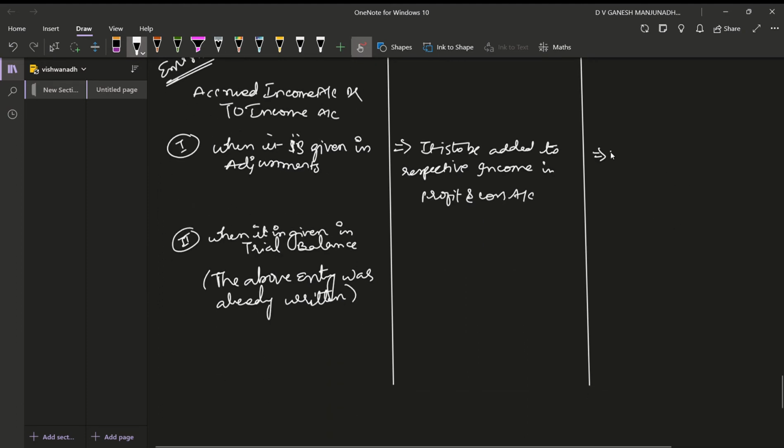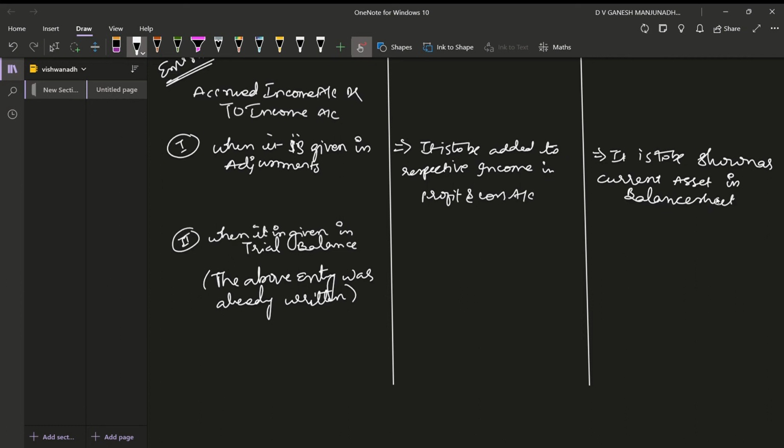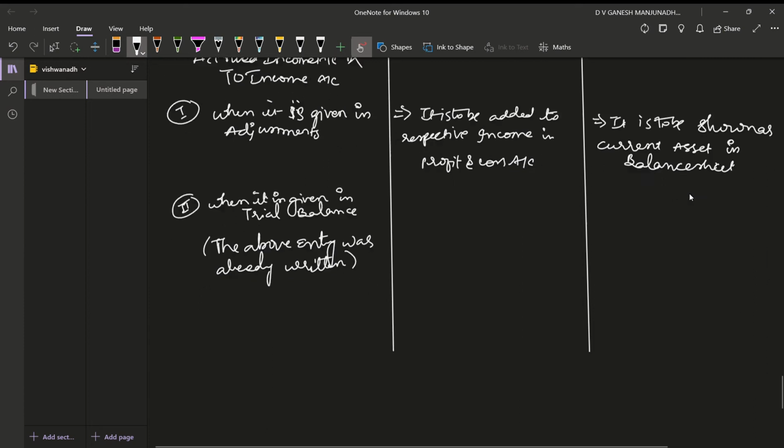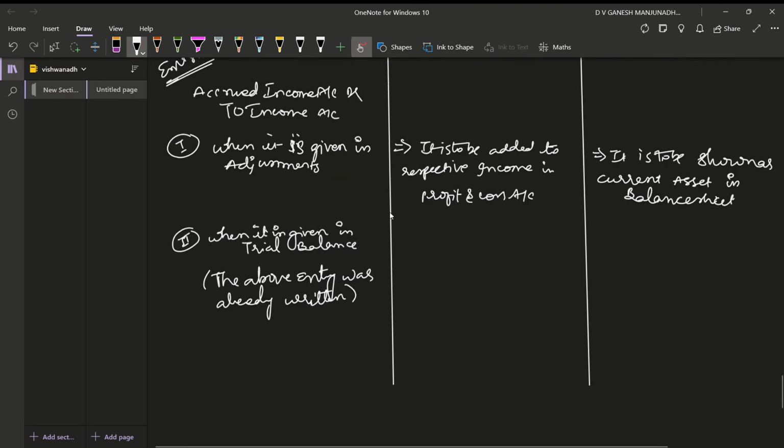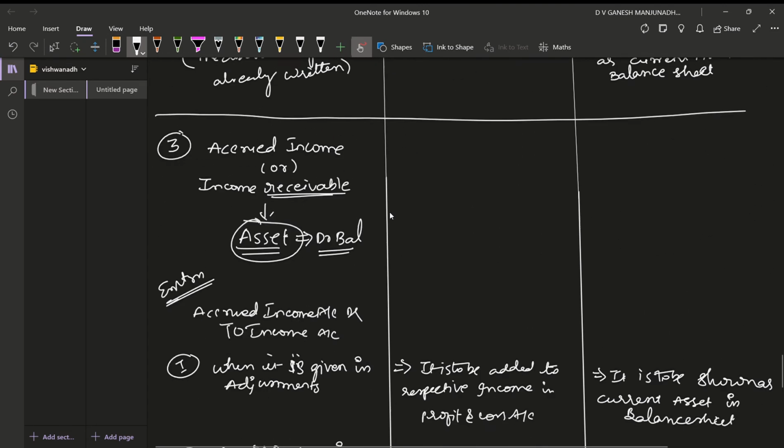It is to be shown as a current asset in the balance sheet. Now when it is given in trial balance, the above entry was already recorded, but what would be the impact on the account?